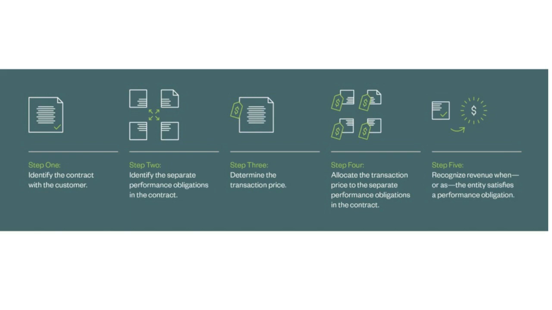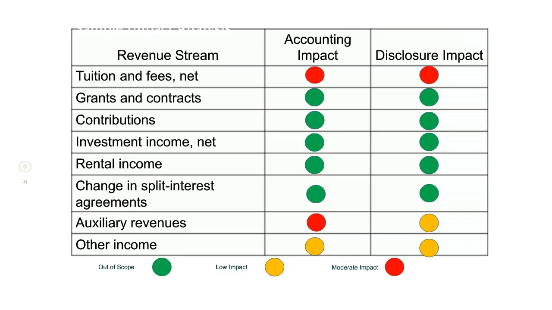We are not anticipating that this is going to have a significant impact on not-for-profit organizations. It depends upon, obviously, what your various revenue streams are. For universities, tuition and fees, this could have a moderate impact on them.